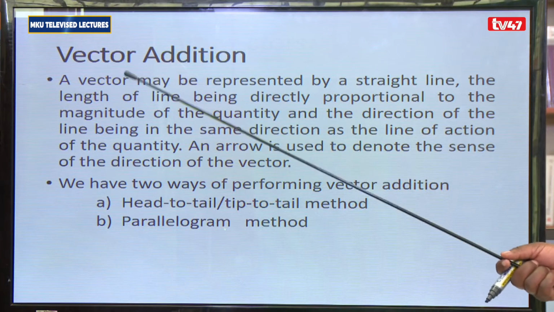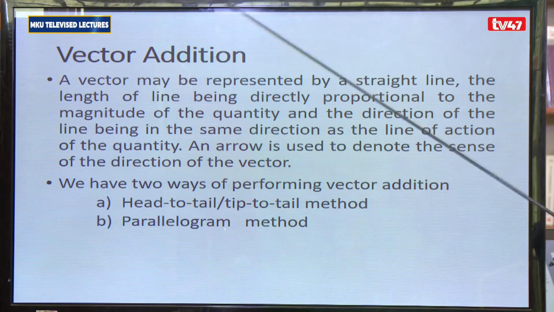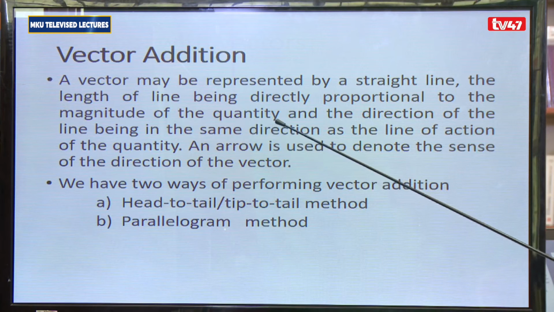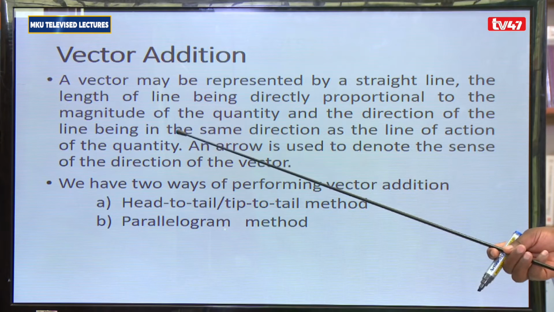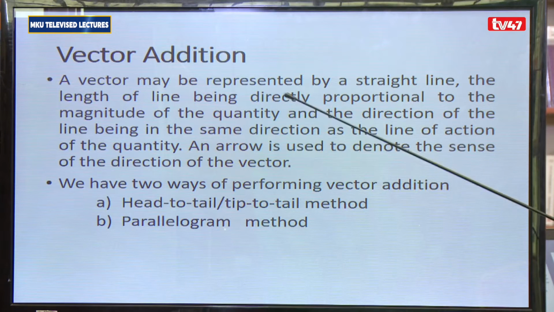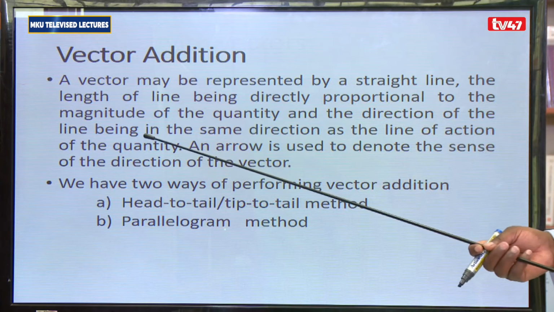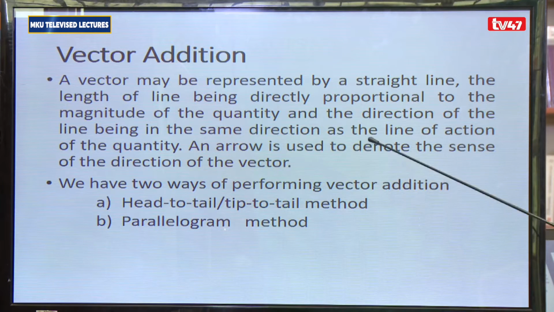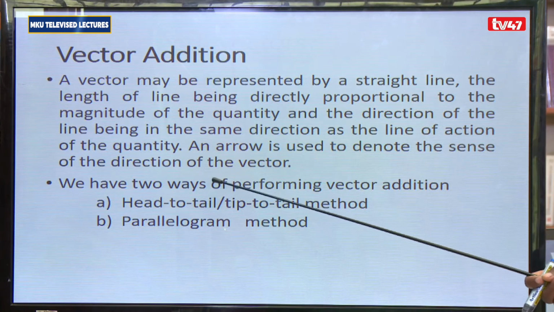So vectors, as we had said earlier, are usually represented by a line, the length of the line being proportional to the magnitude of the vector, and the direction of the vector is shown by the arrow. The arrow denotes the sense of the direction of the vector.